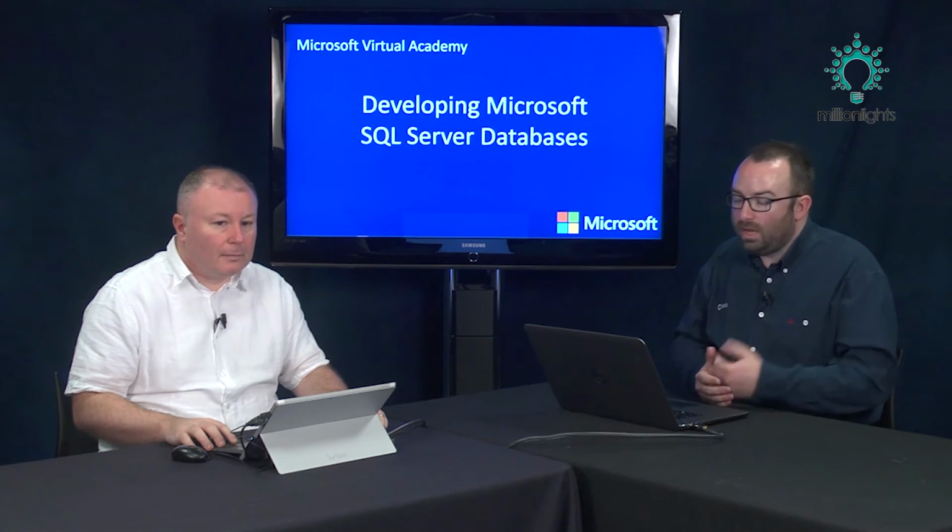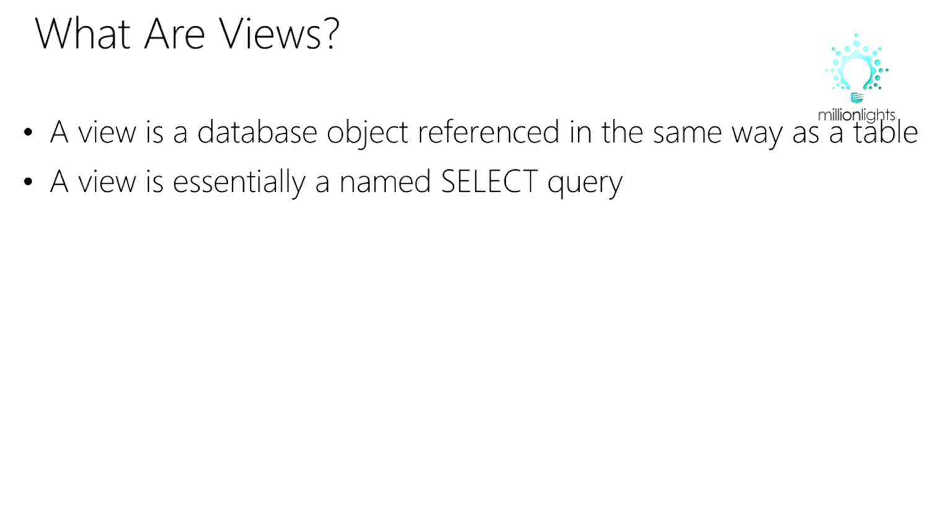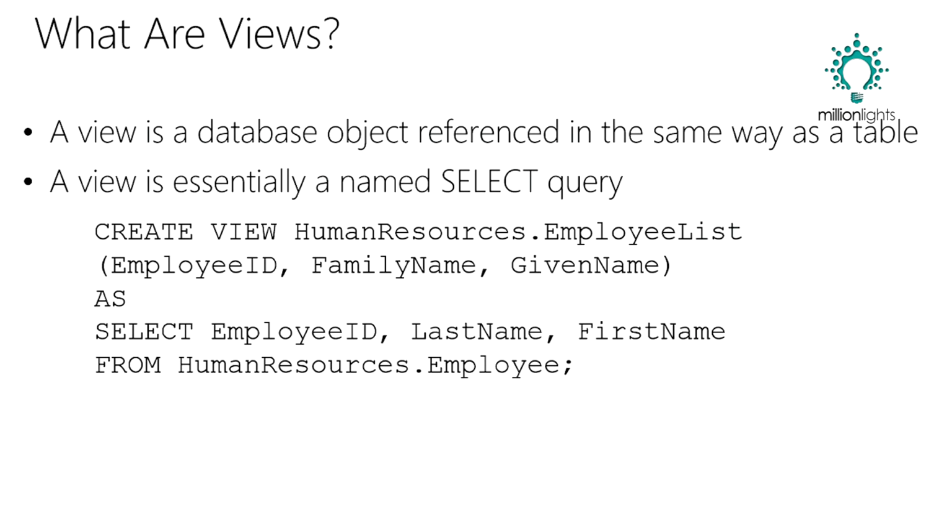And then when we're creating the view itself, you're basically creating a view based on a select query. So if we have a look at the code on the screen now, we have this create view statement. We're following best practice. We've got the human resources schema here, and we're creating a view called employee list based on that select statement.